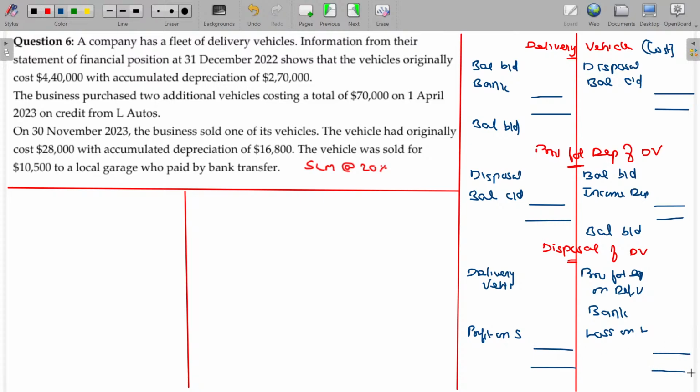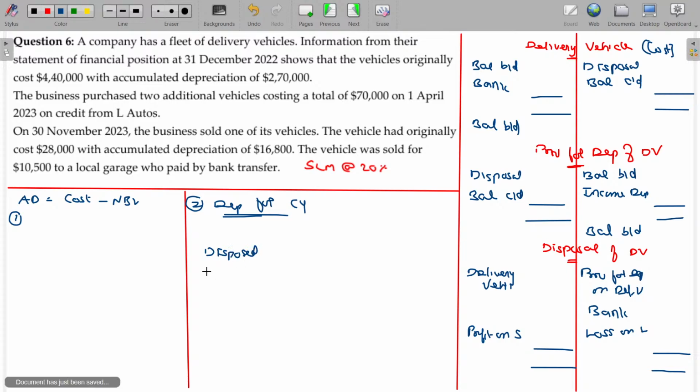Better you recollect the two more working notes. One is to calculate accumulated depreciation on the assets sold: cost minus net book value as on the date of sale will be the accumulated depreciation. Another one is depreciation for the current year, for all the assets. For the second working note, take the disposed asset, the newly purchased asset if any, and the remaining assets which remain with us since a very earlier period.